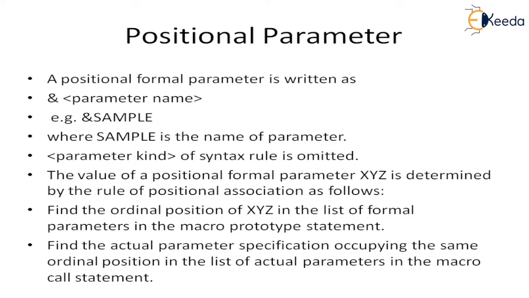For example, &SAMPLE shows the parameter position of that sample. The parameter kind is also used, but that syntax rule is omitted here, and the parameter kind is not specified. We find the actual parameter specification occupying the same ordinal position in the list of actual parameters in the macro call statement. In this way, positional parameters are used.